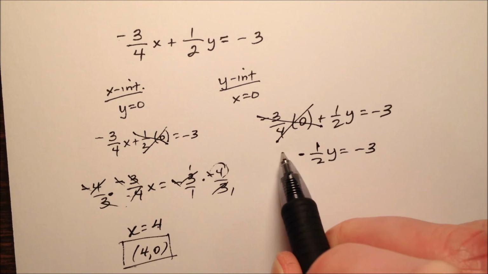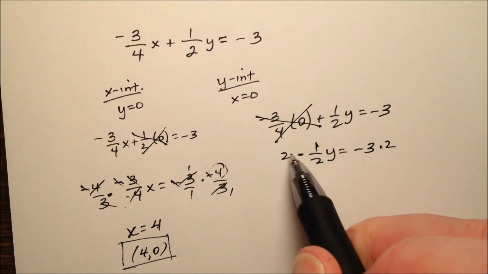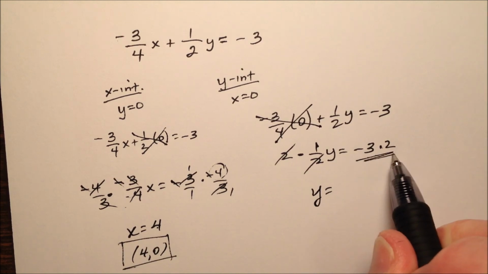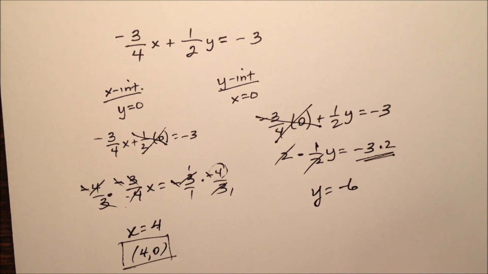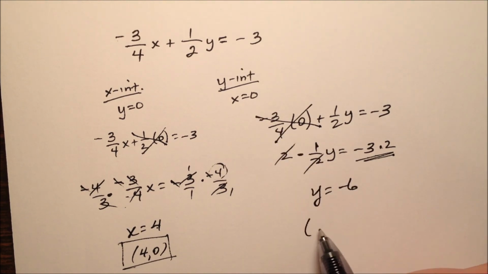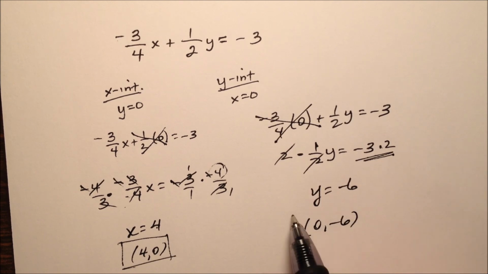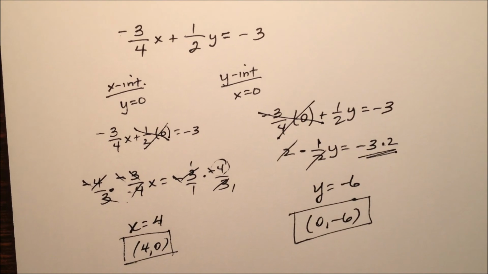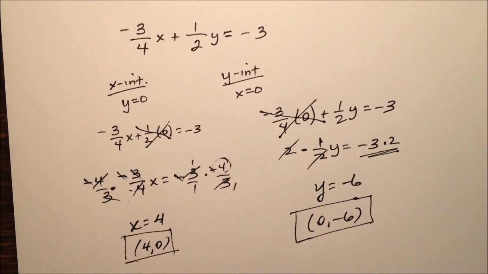In order to isolate my y, I can multiply both sides by 2, which there's the y by itself, and negative 3 times 2 is negative 6. So since I have my y value of negative 6, my x value of 0, I can write this as an ordered pair, 0, negative 6. So here are my two intercepts that I found from this linear equation.